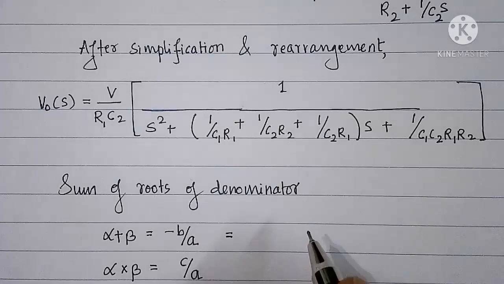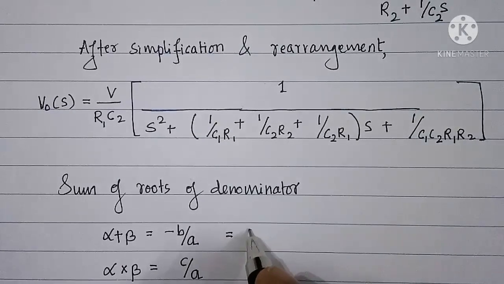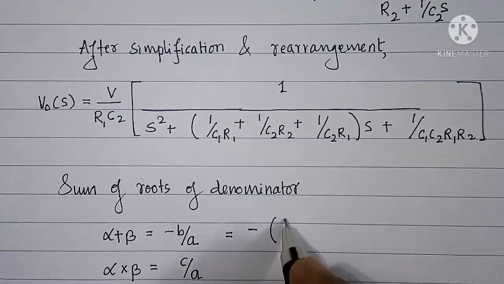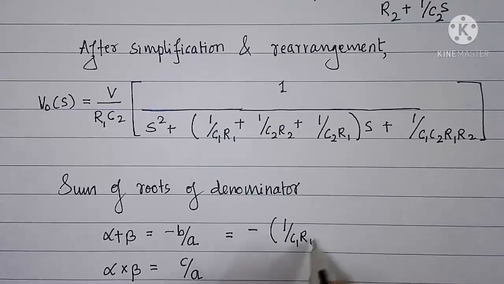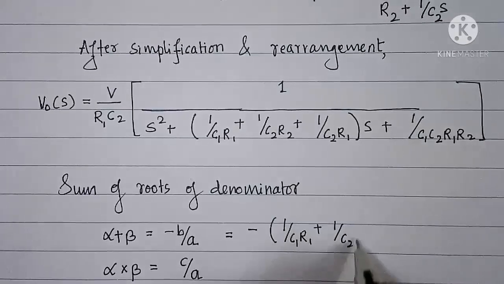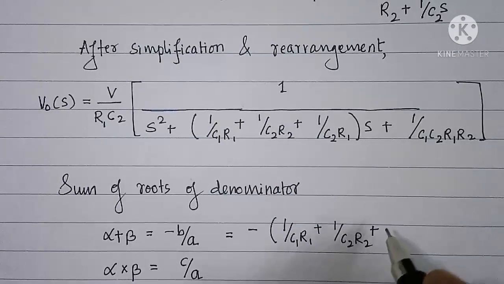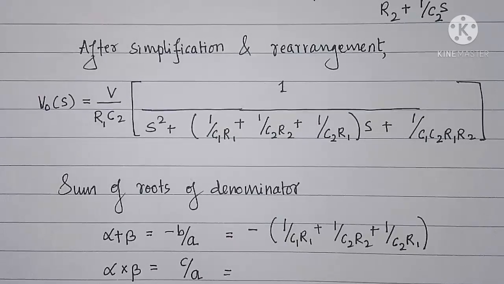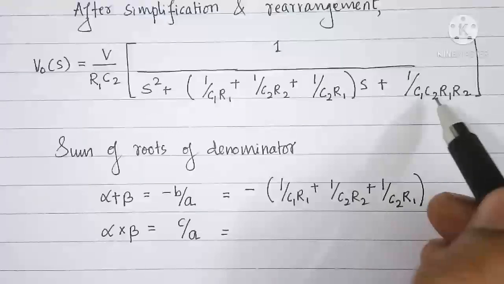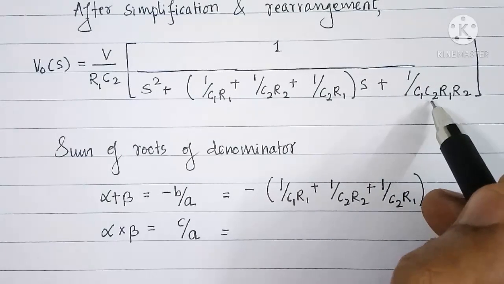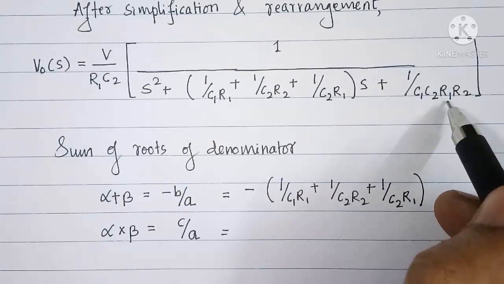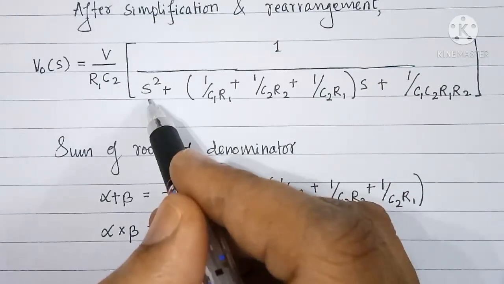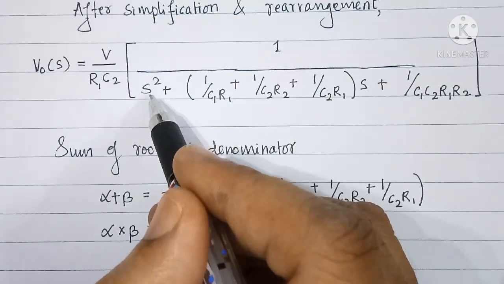alpha plus beta equal to minus, 1 by C1 R1 plus 1 by C2 R2 plus 1 by C2 R1, and alpha into beta, which is equal to c by a. c is 1 by C1 into C2 into R1 into R2, and the coefficient of S square, that is a, is equal to 1.